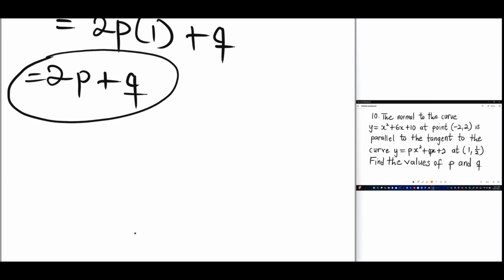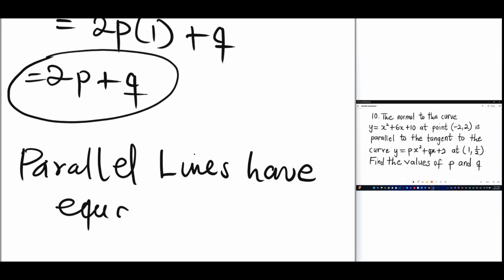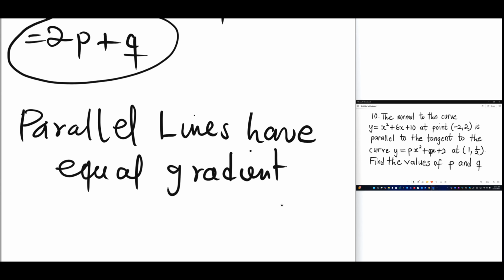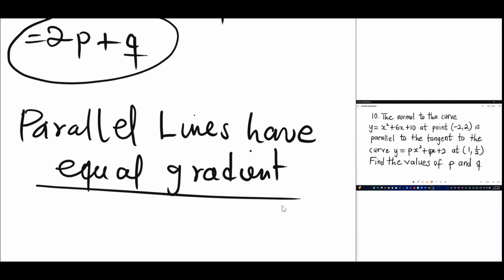So parallel lines have equal gradient. Since the normal is parallel to the tangent, they must have equal gradient.